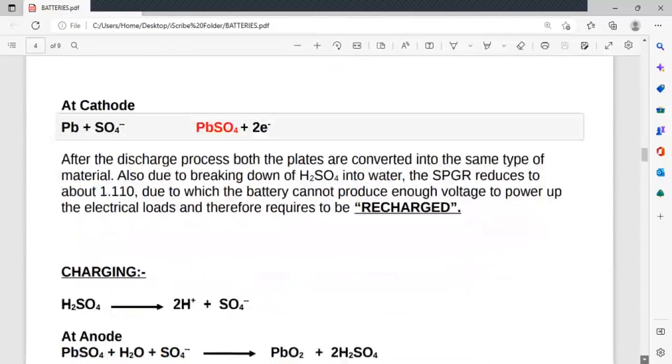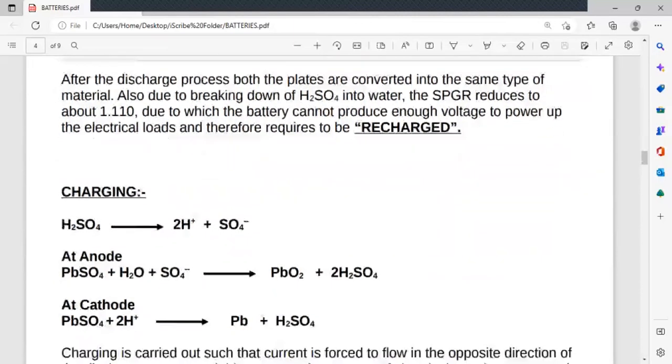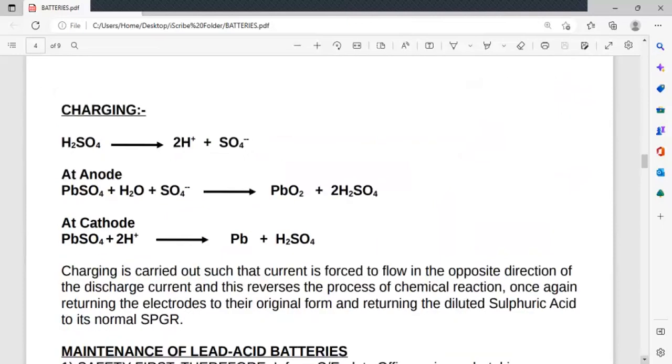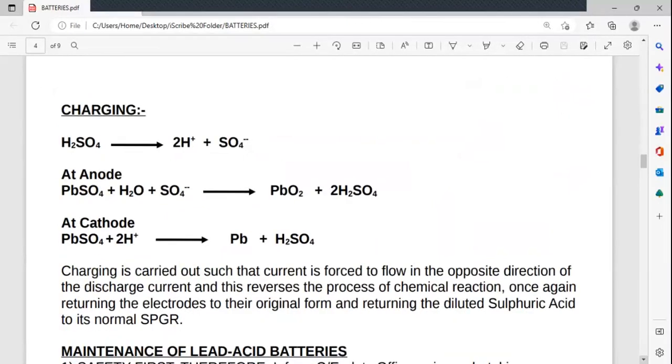Therefore, recharging, both anode and cathode, which were lead sulfate, are being reconverted into lead peroxide and spongy lead respectively. Therefore, you're obtaining both your electrodes back to their original state. And you're seeing that H2SO4 is also being added both at the anode and the cathode. Therefore, your specific gravity is once again normal.